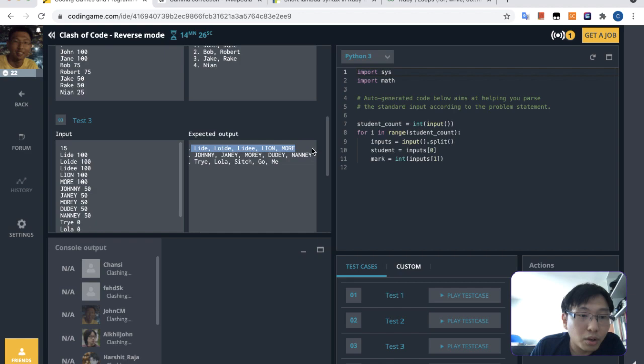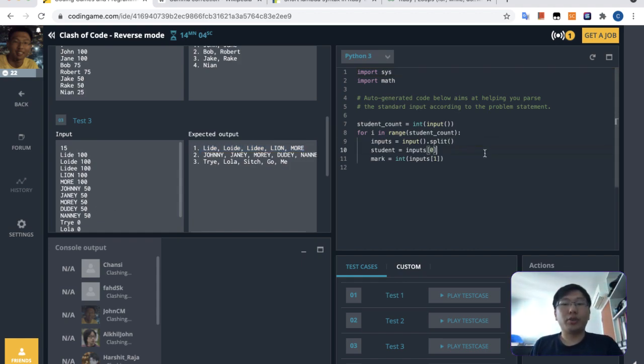Lily, Leon, Moore. Do they go in order of appearance? Yeah, looks like it's order of appearance. Although it's also alphabetical order. Oh no, it's order of appearance.